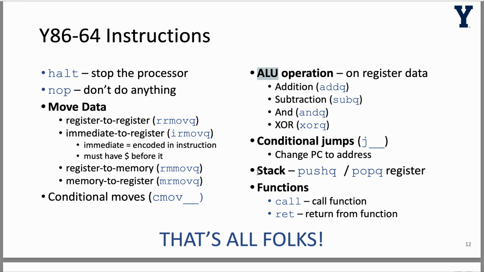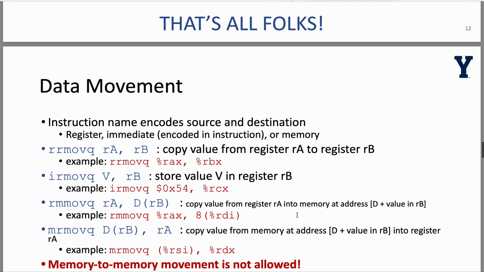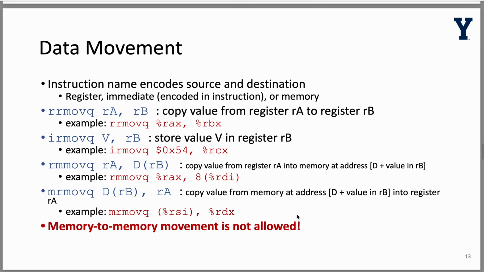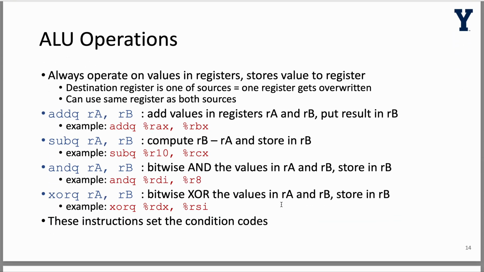Whenever we actually run a program, we're going to push things onto the stack, for example, when we call a function, and we'll pop them off when we return from the function. So that's not very many different operations. There's the move operations. Again, you're going to have a source and destination address. When you do ALU operations, we're going to add the first operand to the second, and then put the sum into that second register.